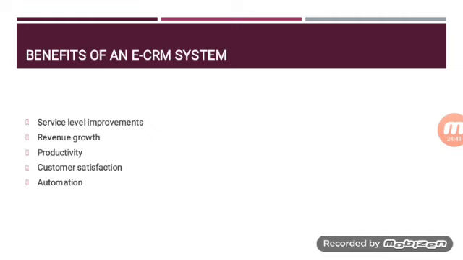Of course, there will be a huge improvement in the way that they provide the service. Why do you think so? Because when you use an eCRM system, your work would be efficient, your system would be efficient. So in a way, it improves your service level.